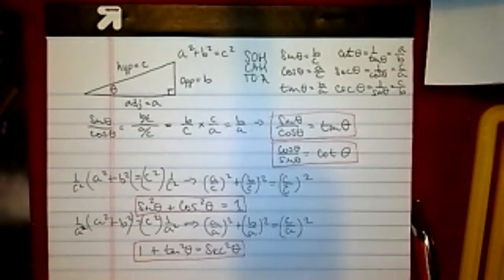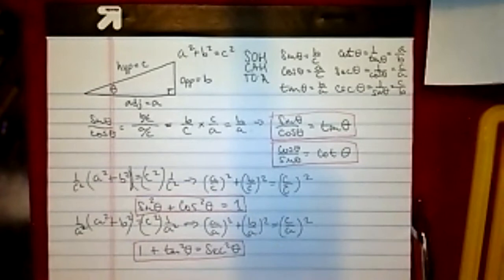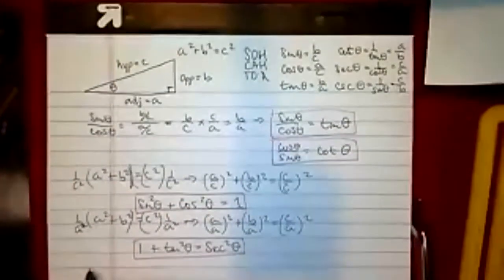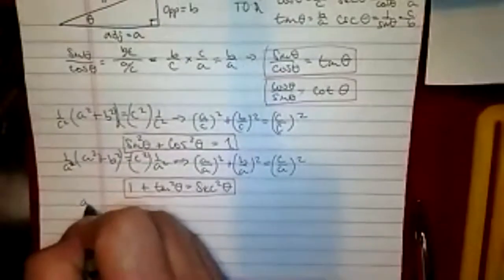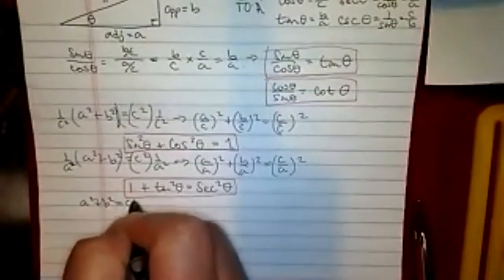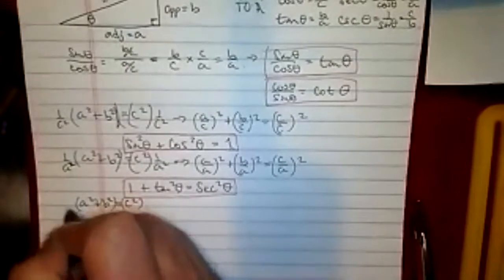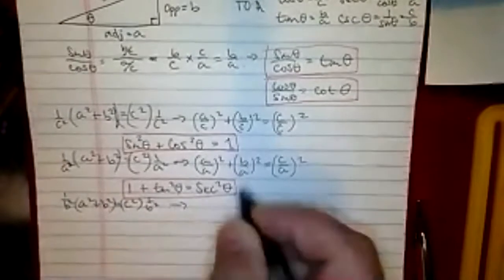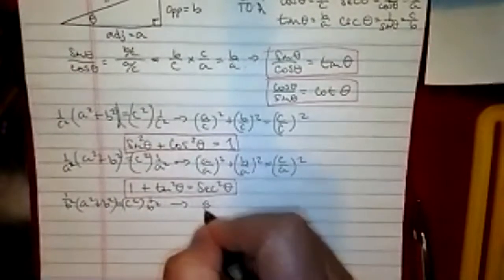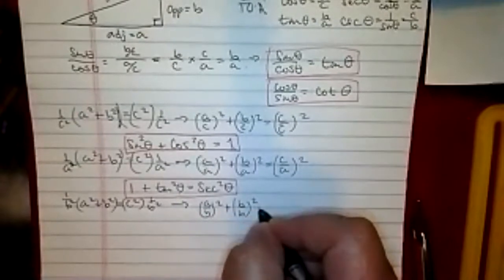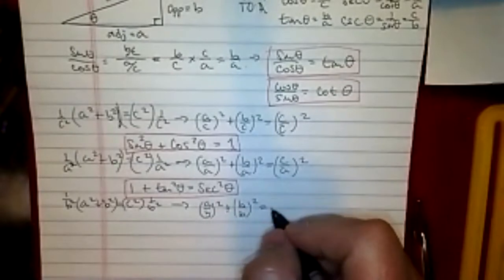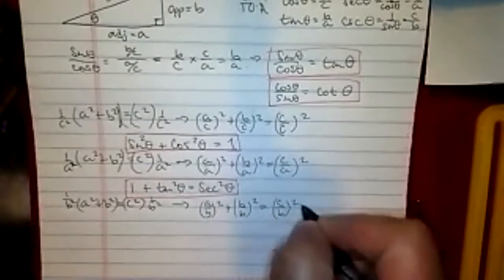Now I've divided the Pythagorean theorem by c squared, and I've divided it by a squared. So let's go ahead and try dividing it by b squared. If I take that Pythagorean theorem again, a squared plus b squared equals c squared, and divide both sides by b squared, I'm going to get a over b quantity squared plus b over b quantity squared equals, in this case, c over b quantity squared.